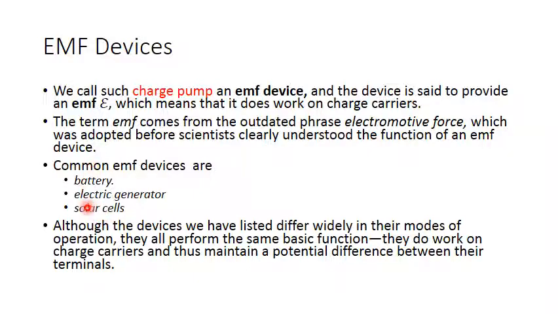These devices are completely different from each other in the basic theory of how they introduce this charge pump. For example, the battery is based on chemical energy. The electric generator is based on mechanical energy, converting mechanical energy into electrical energy. Solar cells are based on converting solar energy into electric energy. So although the devices we have listed differ widely in their modes of operation, they all perform the same basic function.